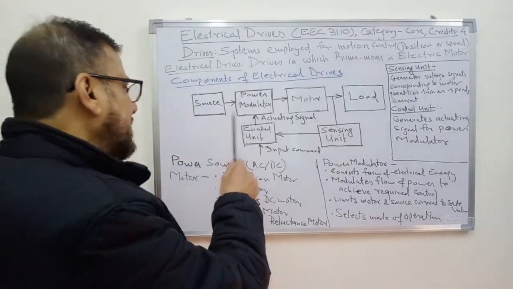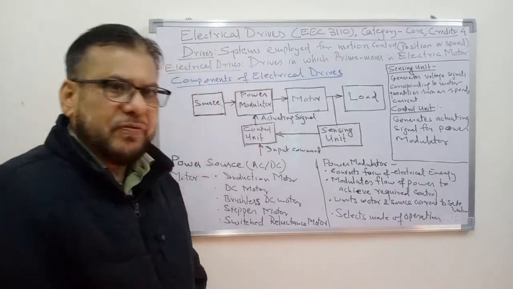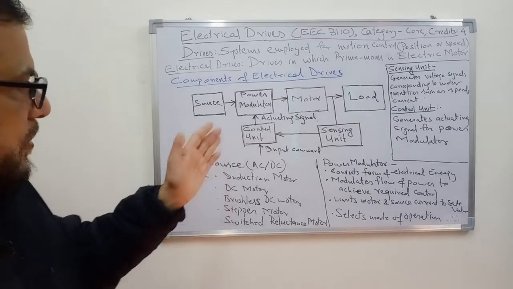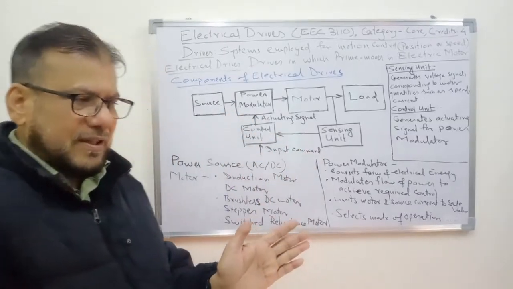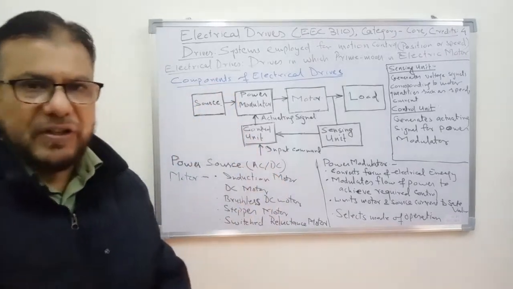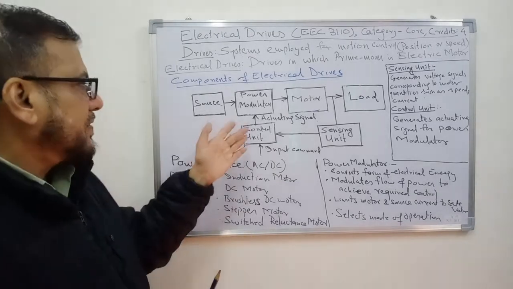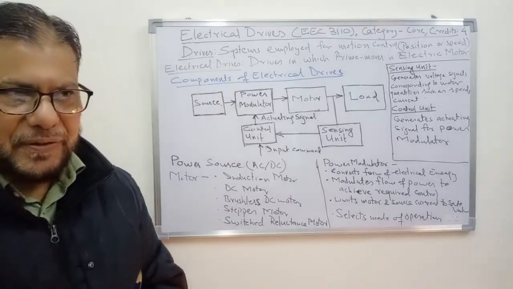So this power modulator will control the flow of power to achieve the desired result. That is, the motor has to move from one position to another. Supply will be available at a certain time and will stop at a certain time, so that the motor stops. So this is the function done by the power modulator.